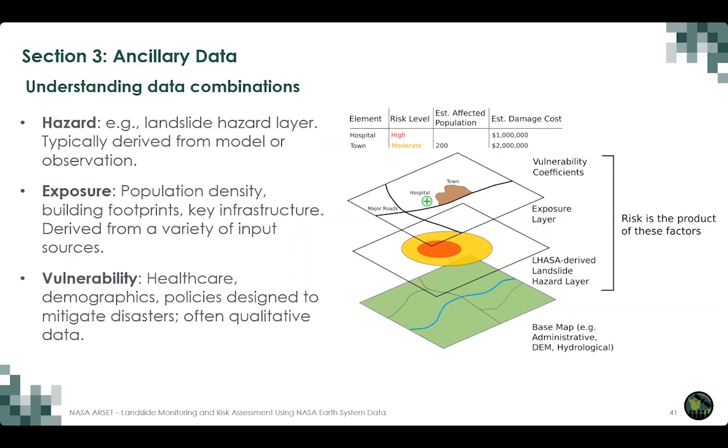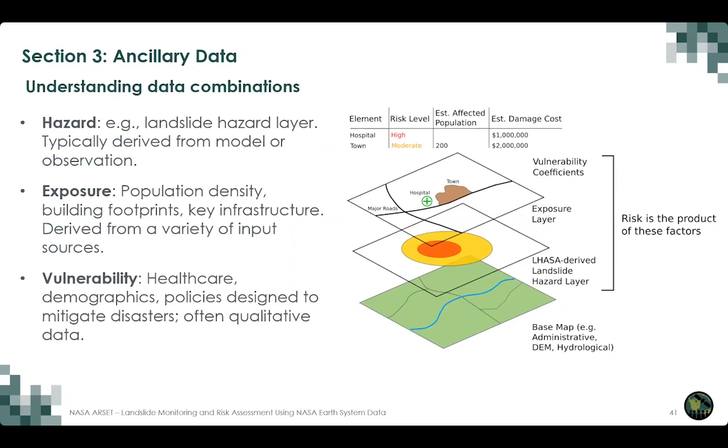Exposure in this case could be population density or building footprints, critical infrastructure; there's a variety of different sources for input that we can introduce. Here on this image, the exposure layer is showing a town, a hospital, and some roads. Finally, coefficients of vulnerability are, again, harder to capture as a visual, but essentially this could be an assessment of the policies designed to mitigate disasters.